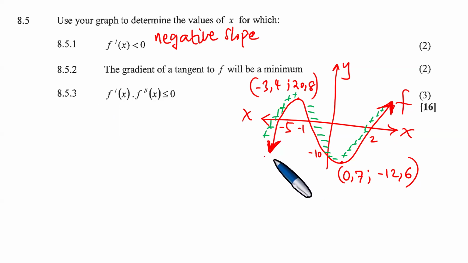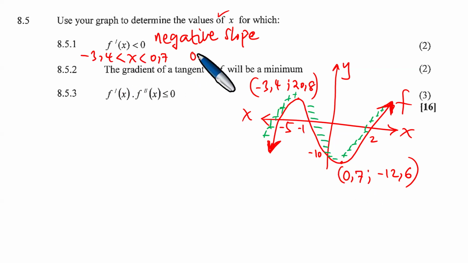What do you think the answer is? X is greater than -3.4 but less than 0.7. Well done. So we are between minus 3.4 and 0.7 because the slope is negative.